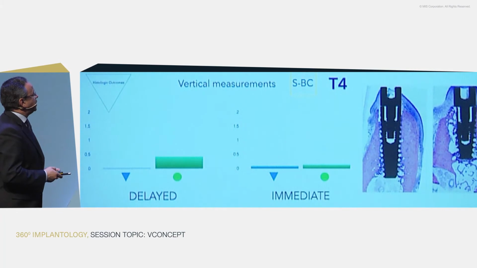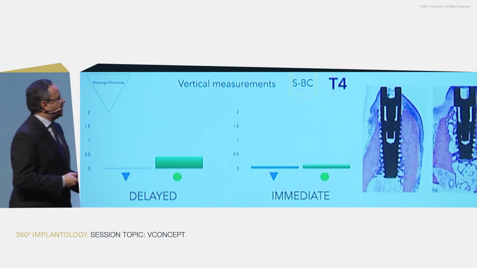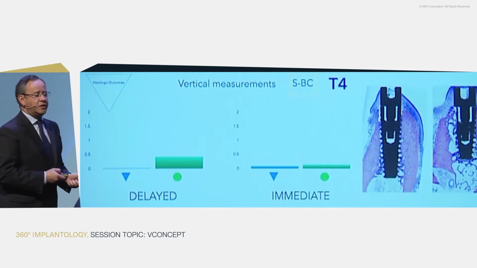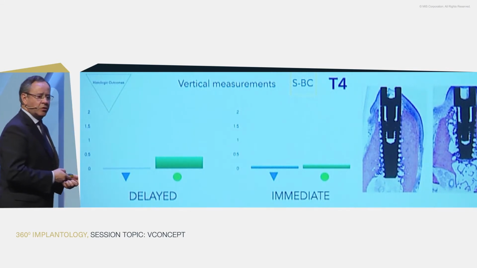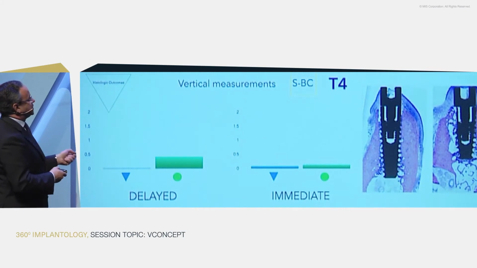You can see when we compare the differences between experimental and control, and between delayed and immediate implant sites, that there is always less vertical resorption in the V3 compared to the control, although these differences were not statistically significant.